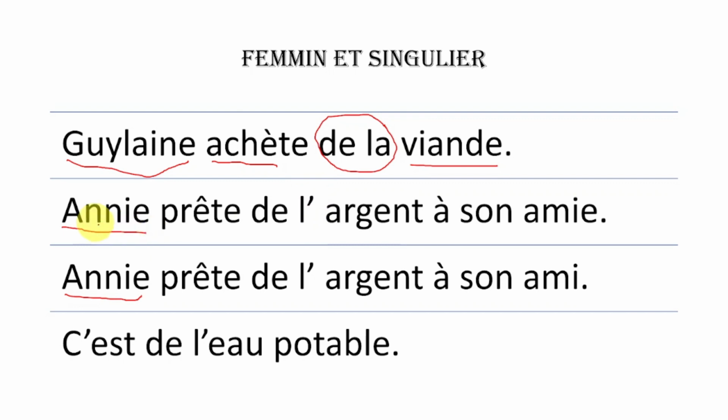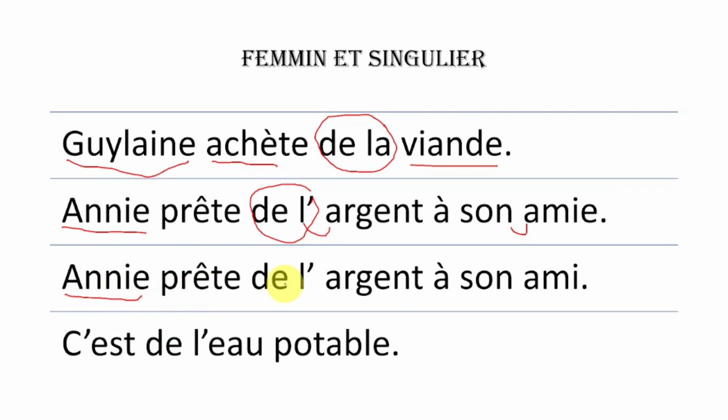Annie prête de l'argent à son ami. We're using this one, and this one we link it. We don't say à sa ami, no. Son ami. It's a female, but we use this one. It's okay. I'm going to explain my idea about this.